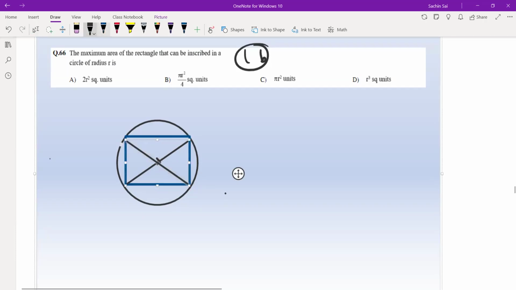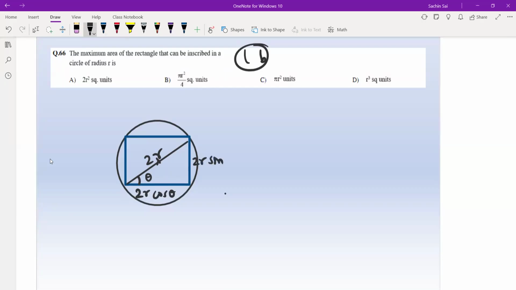So let me just label one diagonal here. What is the length of this diagonal? It is 2r. Now I will assume that this angle is theta. So if that is the case, then the breadth of this rectangle is 2r cos theta, and the length of this rectangle is 2r sin theta.